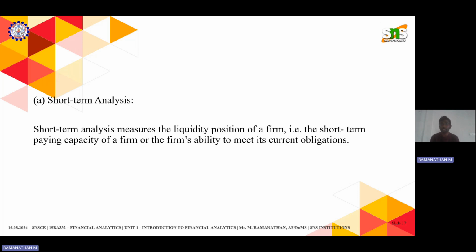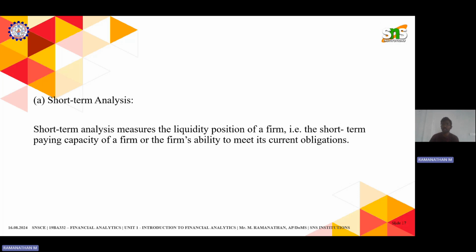Short-term analysis measures the liquidity position of your firm. When it comes to short term, or operation-related things, it speaks about short term. Short-term analysis measures the liquidity position, the short-term paying capacity of your firm, the ability to meet current obligations for a particular time period, limited obligations and so on.